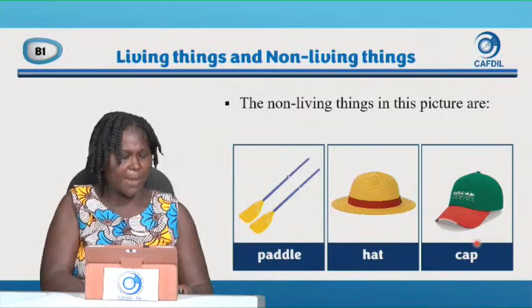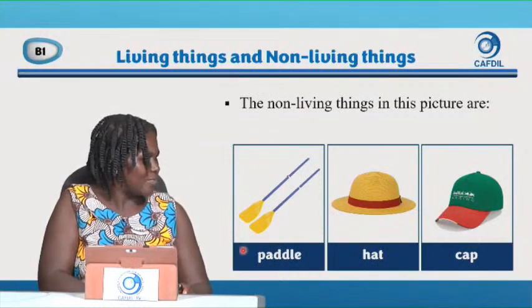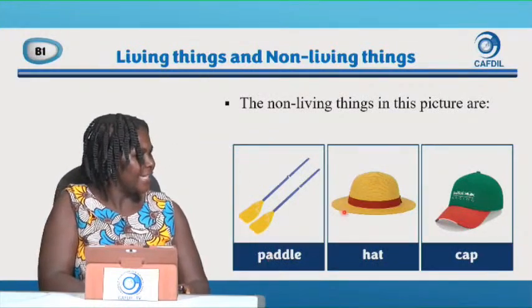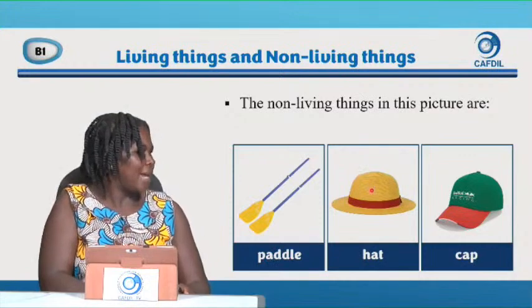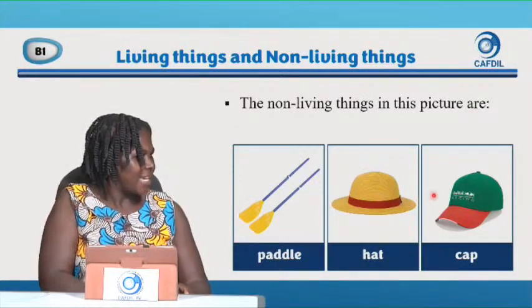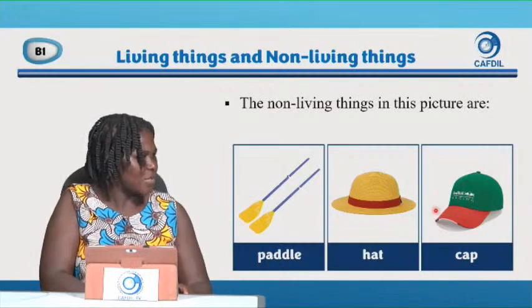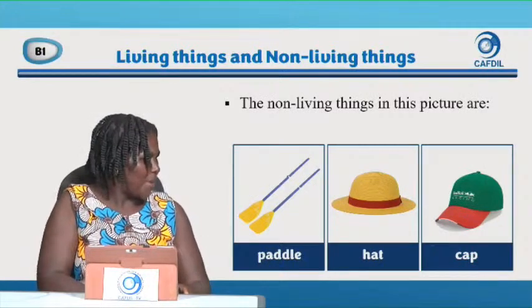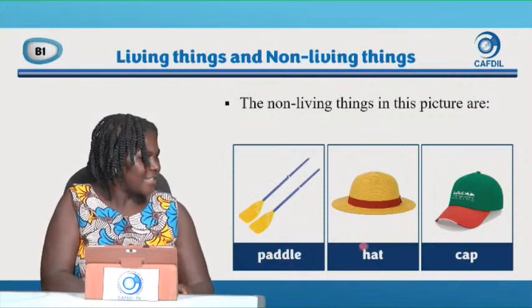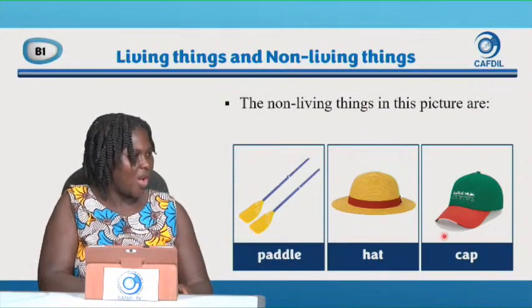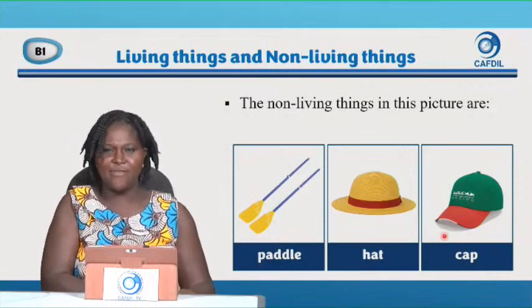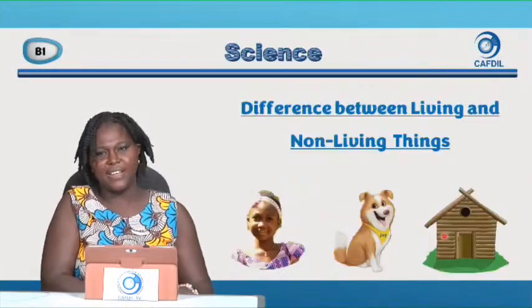We also saw a paddle that the boys were holding, the hat that the man was wearing, and then the cap that the boys were wearing. So paddle, hats, and caps are all non-living things.